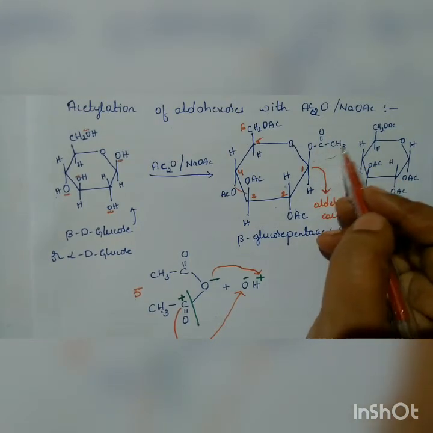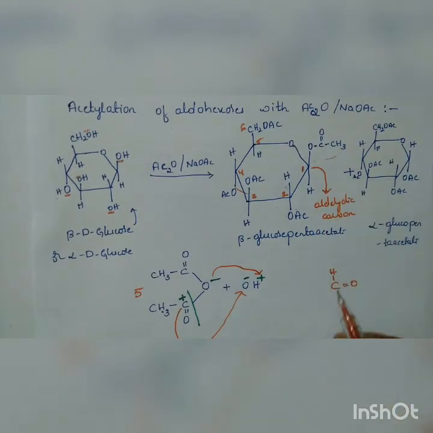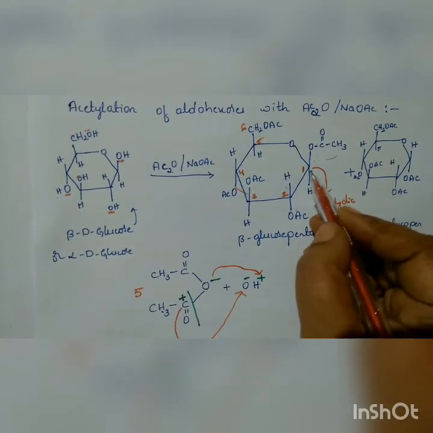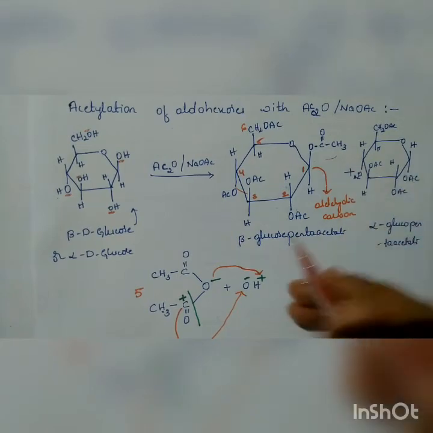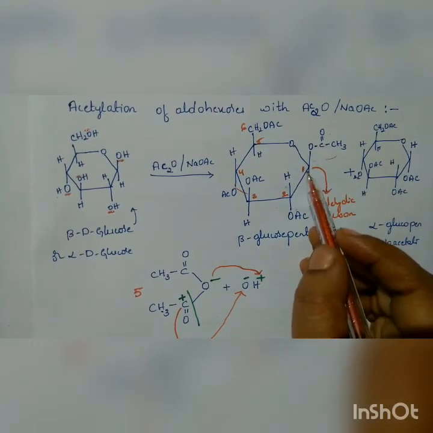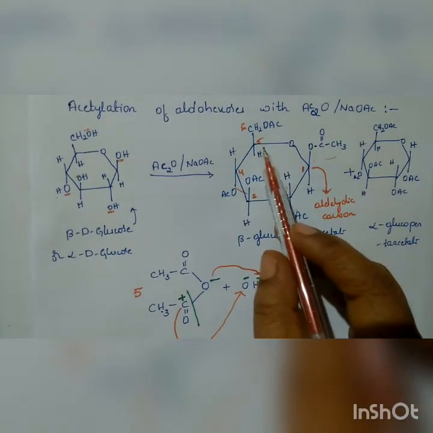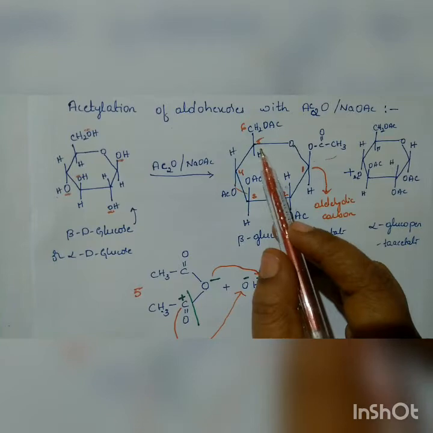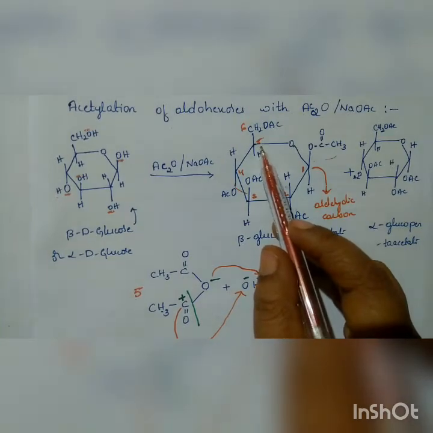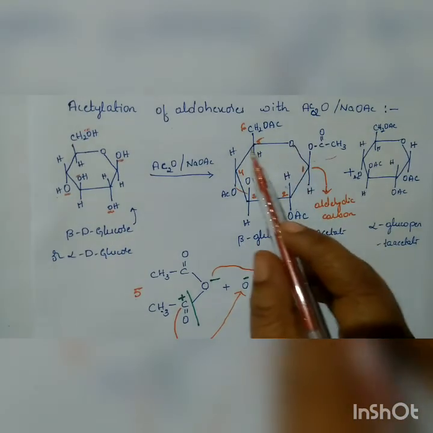So here the aldehydic carbon is not at all freely available for the reaction. In both the groups, this is the beta form, this is the alpha form, the aldehydic carbon is not at all free. The only carbon left without acetylation is the fifth carbon, but that is involved in the hemiacetal formation.